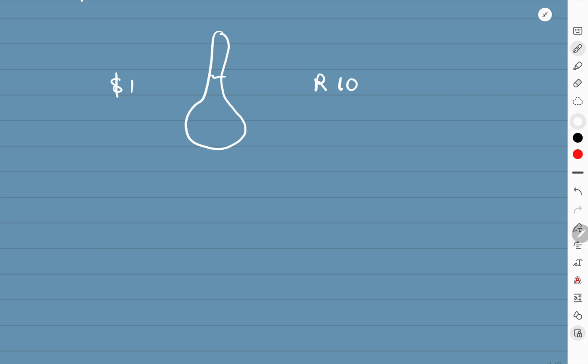What can you say about the rand and the dollar, whereby the same water in South Africa you need 10 rands to buy it, and the very same water in the United States you need only $1 to buy it? It means $1 is the same as 10 rands, because the buying power is the same. So $1 buys you the very same thing 10 rands will buy you.